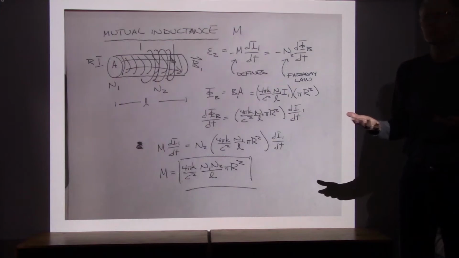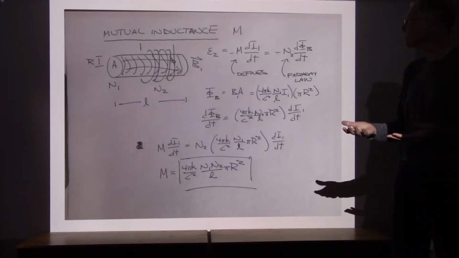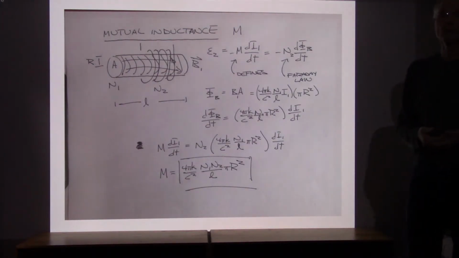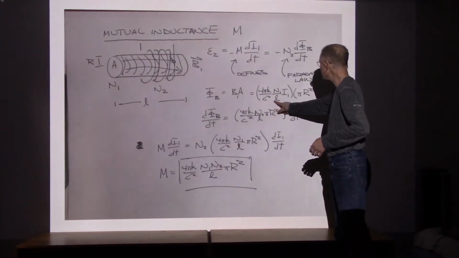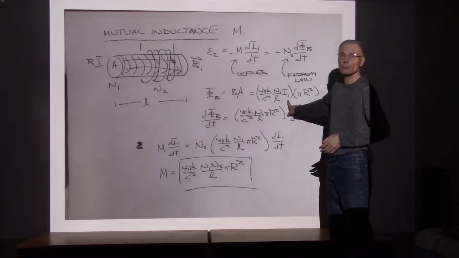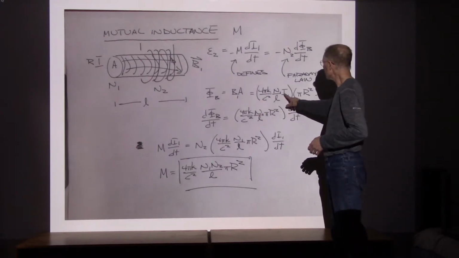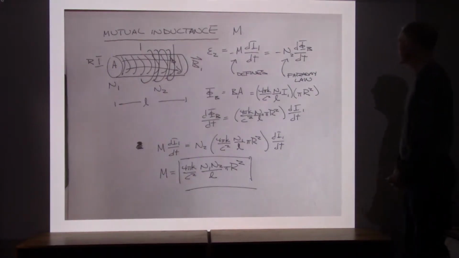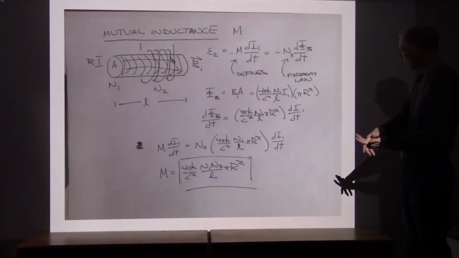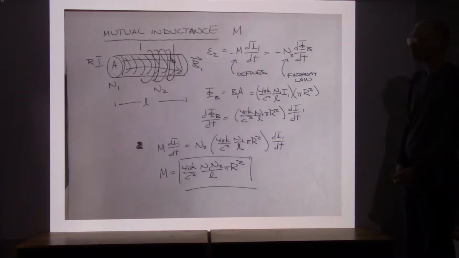So it needs to be a mutual inductance device that's built like a solenoid, and that allows us to use our solenoid formula for the magnetic field. This is going to depend on 4 pi k over c squared, n1 over L, times I1.